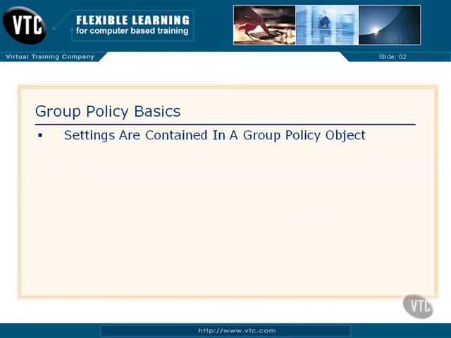The settings for group policy are contained, I mentioned a text file a little earlier in this video, and the correct nomenclature for where they're stored is a group policy object. Once we create this group policy object, which is really nothing more than a list of all the settings that need to be set, we then link or point that object to a site, a domain, or an organizational unit.